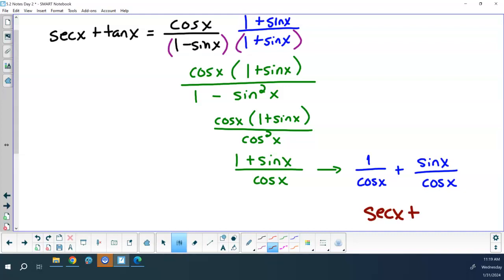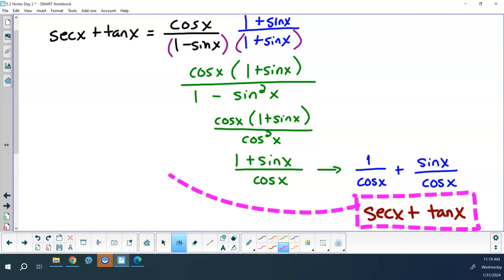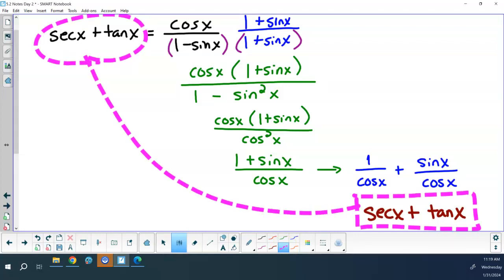Sine over cosine is tangent. And now that I've made this side become the other side, now I'm done.